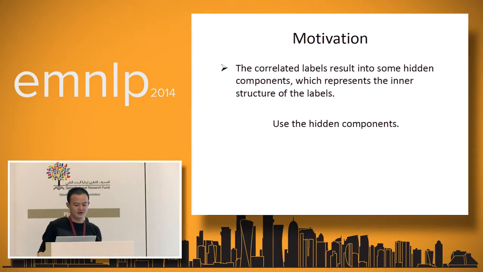How to use the correlations? According to the latent variable model, the correlated labels result in some hidden components which represent the inner structure of the labels, and we use it.